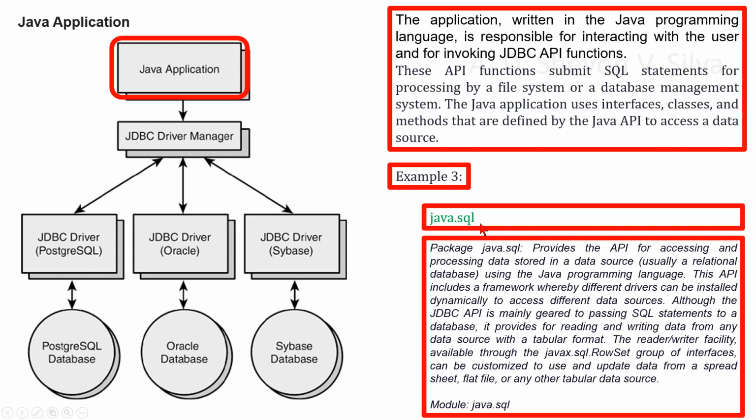This package is in module java.sql. The java.sql package contains APIs for the following: making a connection with the database via the driver manager facility, which includes the DriverManager class, SQLPermission class, Driver interface, and DriverPropertyInfo class.